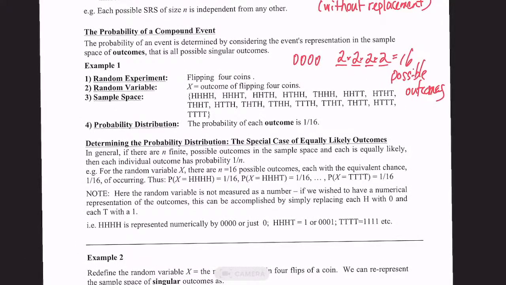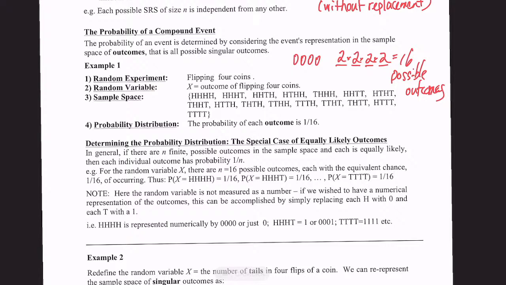There are 16 possible outcomes. They all must be equally likely, right? Because this was done randomly, they are each equally likely.